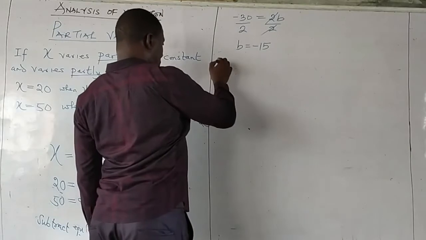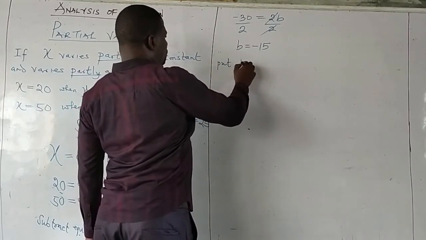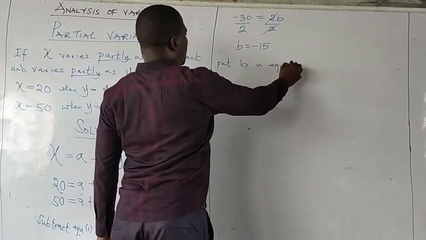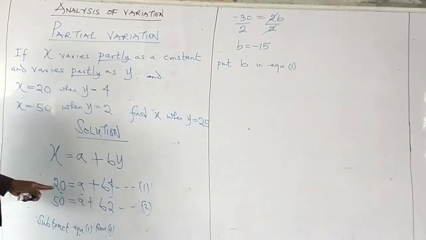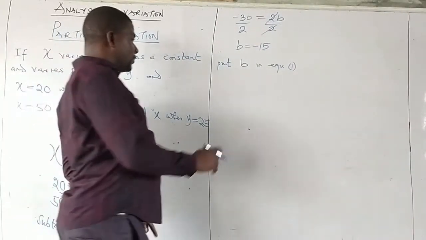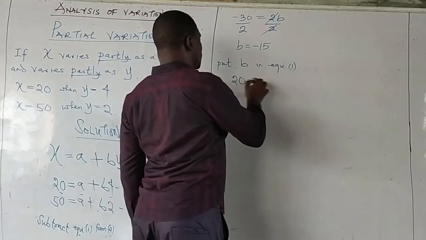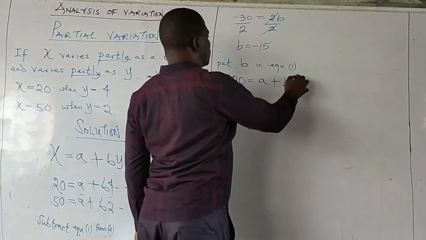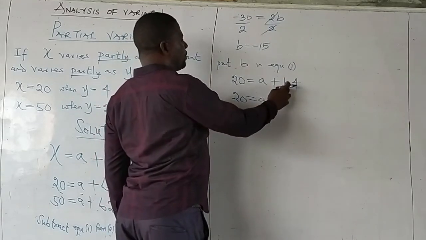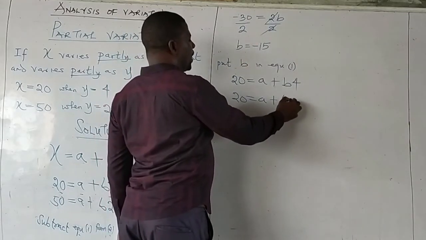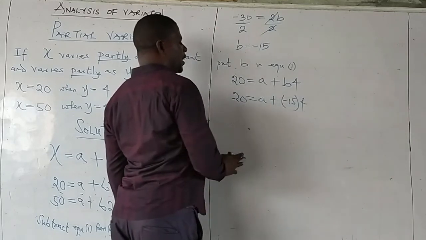So I will now put b in an equation, and whether I decide to use equation 1 or 2, I will get the same thing. So what's equation 1? 20 equals a plus 4b. So I will now say 20 equals a plus, I know my b, what's my b? Minus 15, into 4.